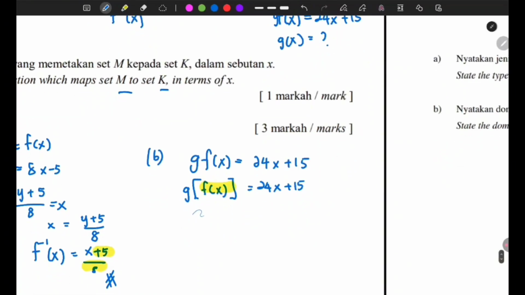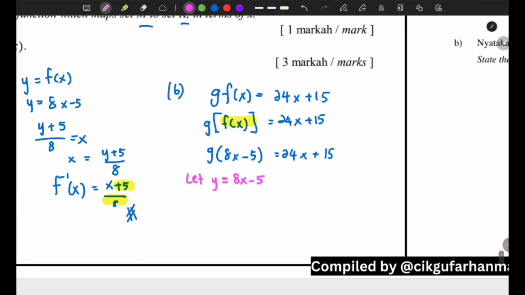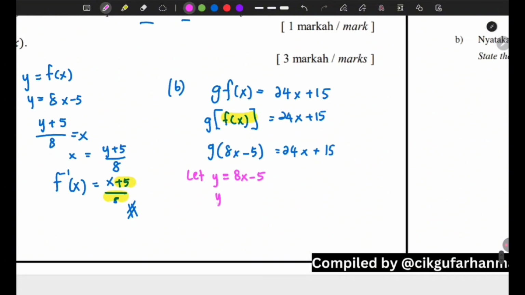So substitute 8x minus 5. Then only you let y equal to 8x minus 5. Start with single y and with single x. So (y plus 5) divided by 8 will be equal to x.